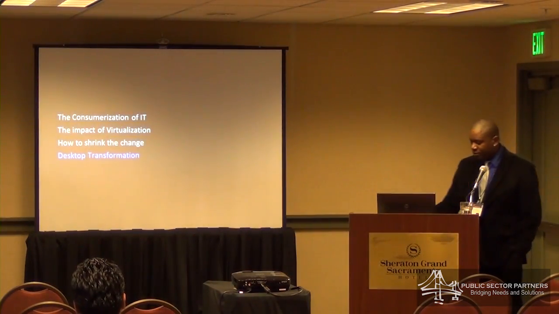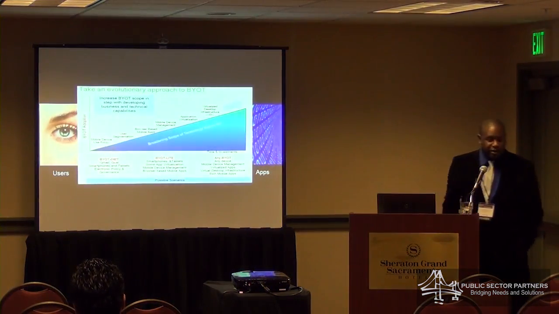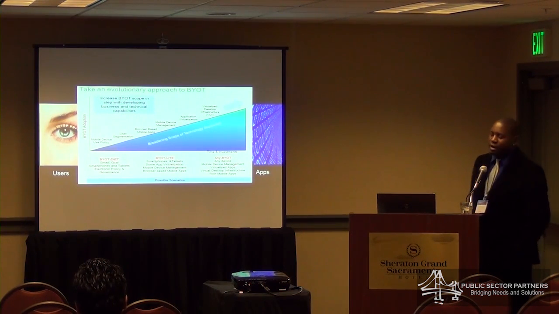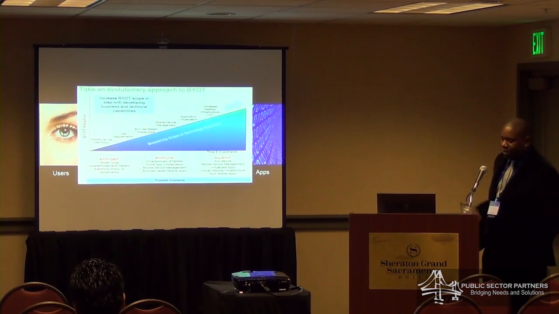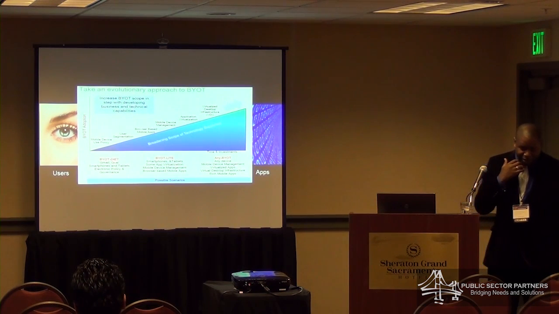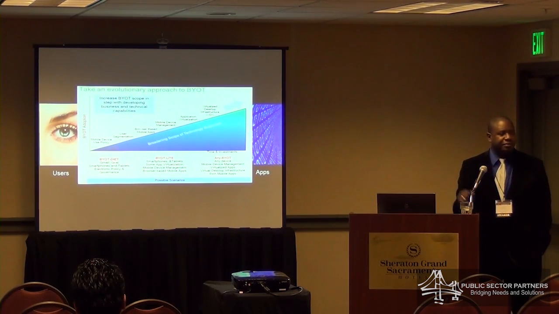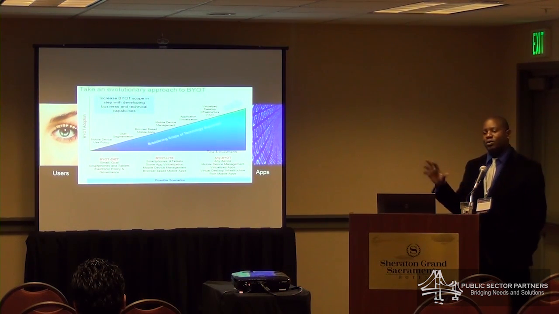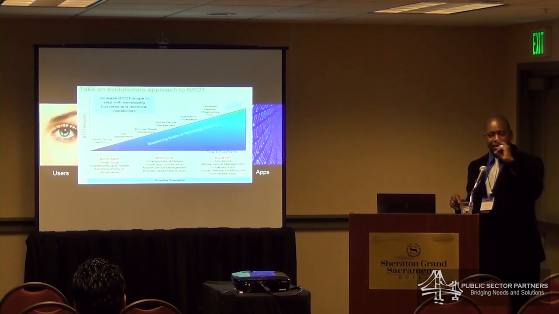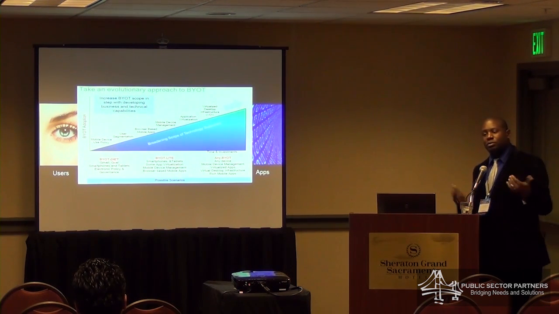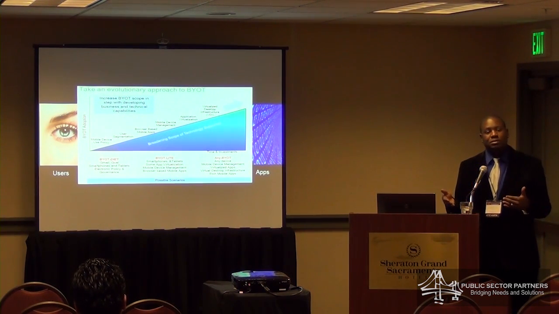So, desktop transformation. Key thing that I've always learned, I read the book by Bill Gates, 1999, The Digital Life, right? It was a great book for that point in time. But the key thing he said in there that I always thought was great was that you need to change before change is required, right?